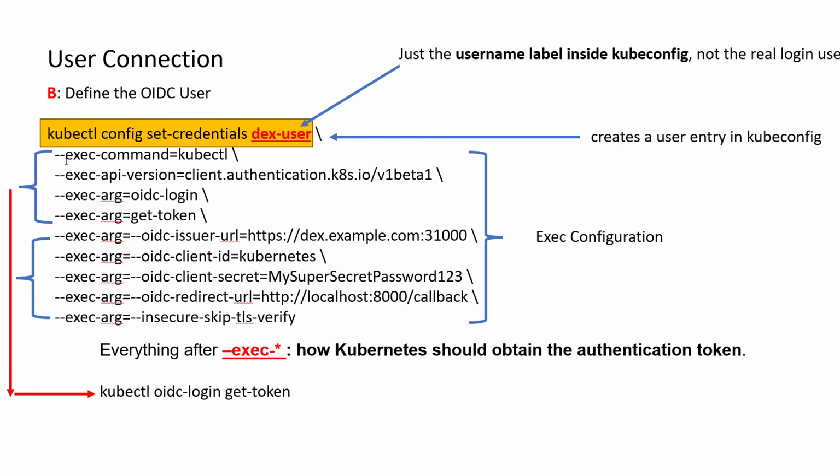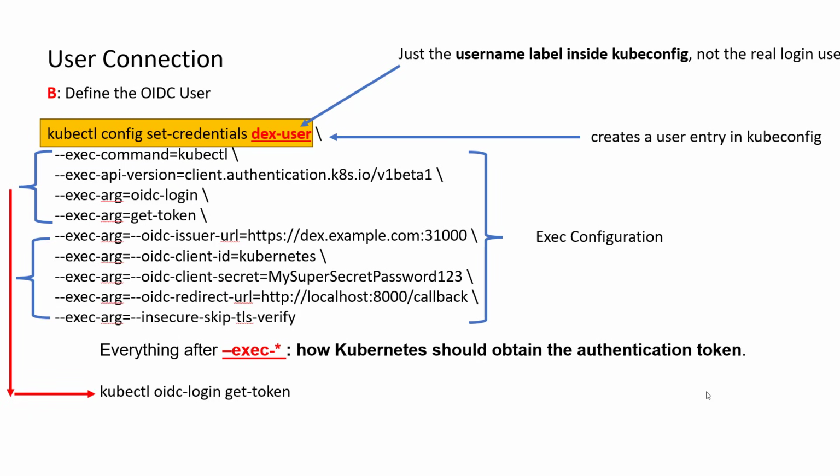After that, we have this section. It's called exec configuration. Everything after this in this configuration defines how Kubernetes should obtain the authentication token. When a user types kubectl get pod and sends a request to the Kubernetes cluster, normally the cluster cannot verify the user. So before the request arrives at the cluster, it needs to obtain the authentication token.